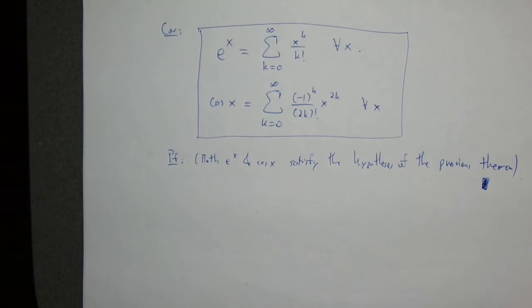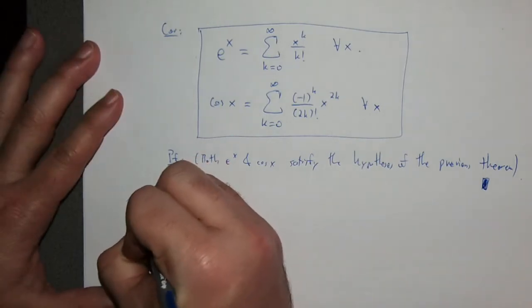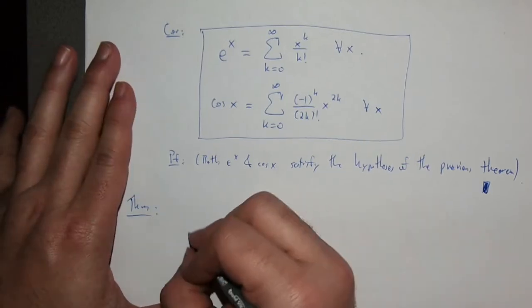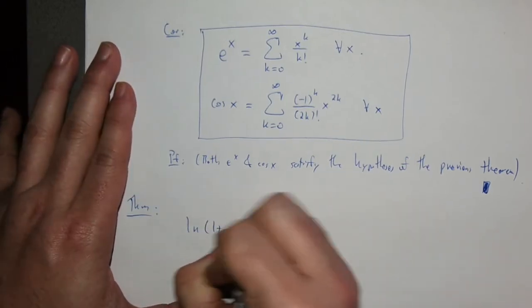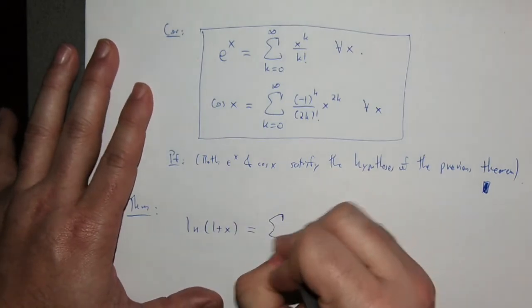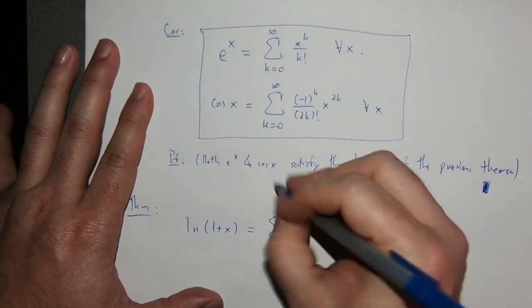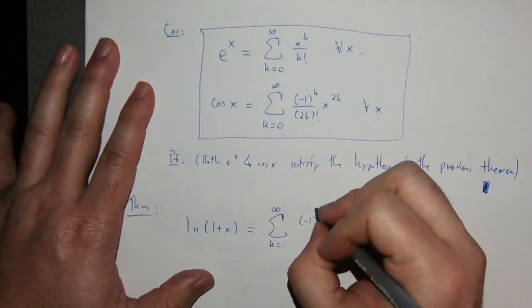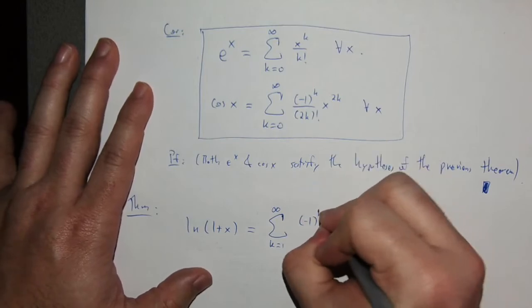So a couple more things. Another theorem. For convenience's sake, it's easier to expand this using a shifted version: natural log of 1 plus x is the sum from k equals 1 to infinity of this weird alternating harmonic series looking thing.